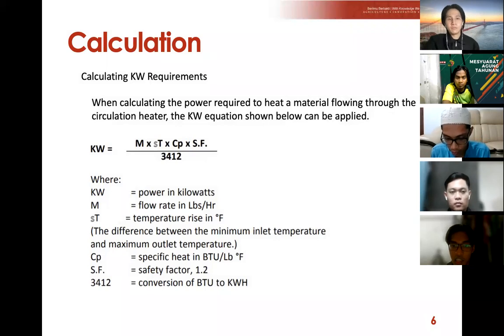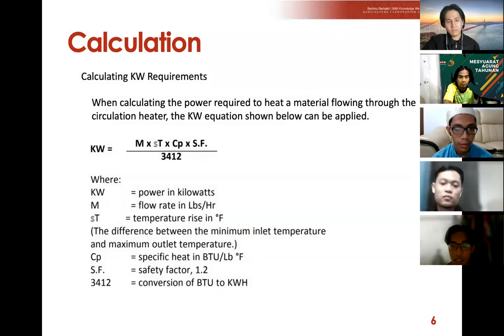Here kW is the power in kilowatts, M is the flow rate in lbs per hour, ΔT is the temperature rise, which is the temperature difference, and Cp is the specific heat.